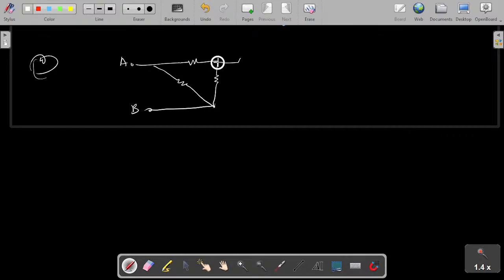Then I'll have this, like this. So I have 6 ohm here, 4 ohms here, 3 ohms, 4 ohms, 1 ohm, 3.3 ohm. We have to find the effective resistance across the terminals A and B here.